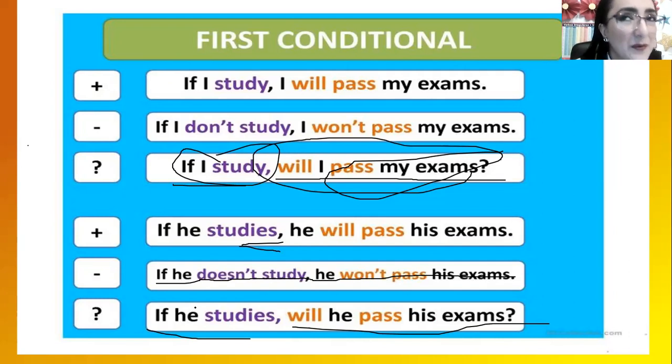We can use different ways in order to sound more natural. For example, if Iker and Juan study, they will pass their exams. Will Iker and Rodri pass their exams if they study?